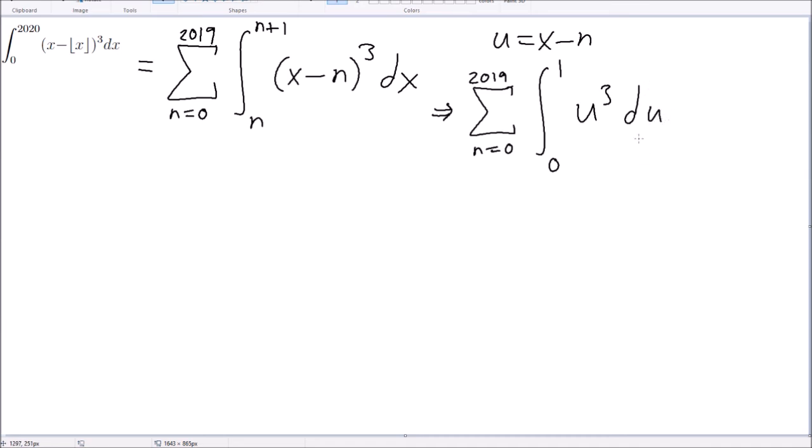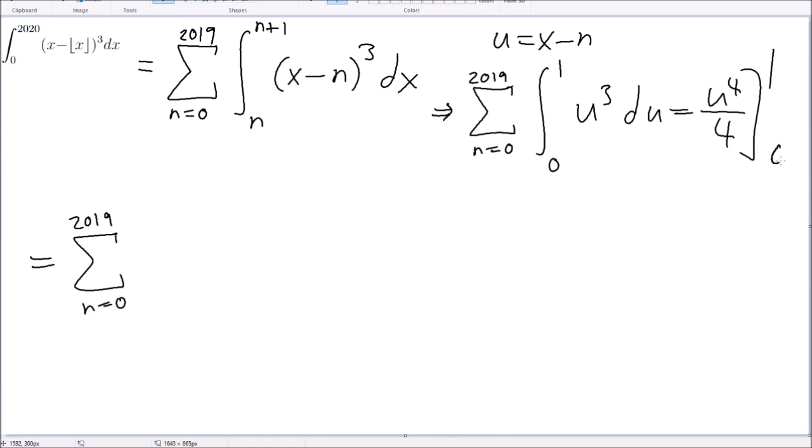What this gives us is the sum from n equals 0 to 2019. This integral here, we know by the power rule, plug in 0 and 1, becomes 1/4.